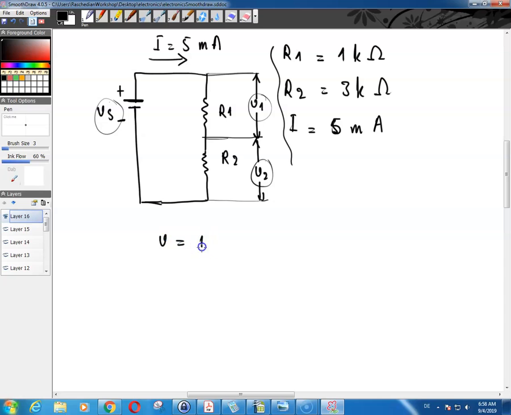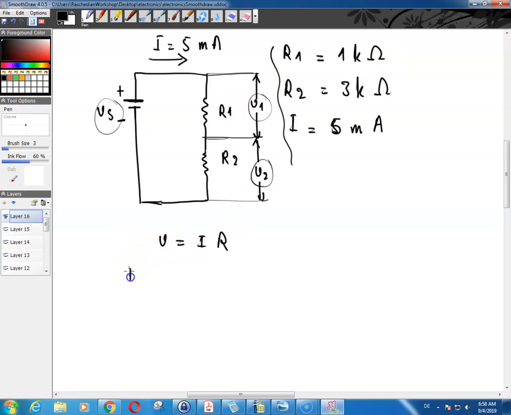V is equal to IR is what you would use, and you need to know the current going through the resistor, which is 5 milliamps, and the value of the resistance over here, which is 1 kilo ohm.